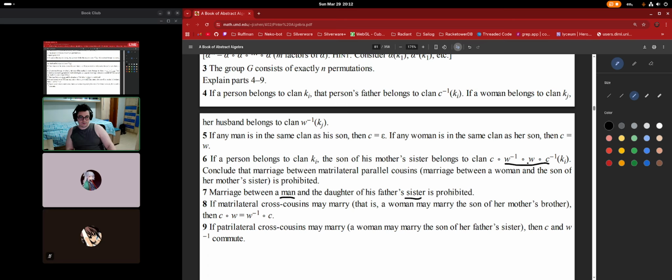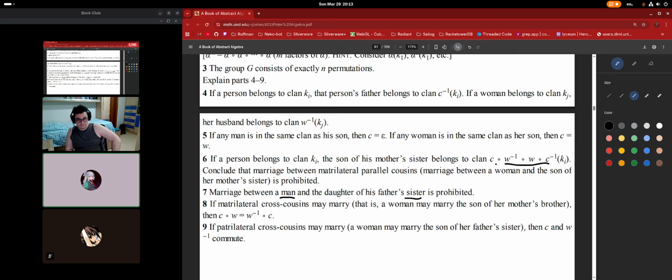So it's C minus 1, W minus 1, then C, maybe? Yeah, C minus 1, W minus 1, then C. That gives you a cousin. That gives you the cousin of your father, which is the daughter of your father's sister.